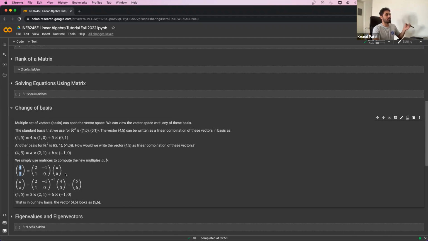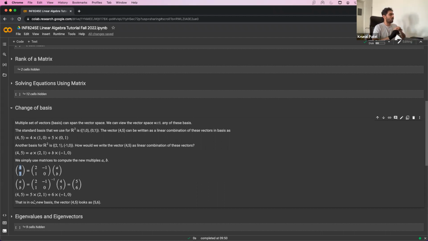We were trying to compute the vector in my new space which, after the transformation, will land on 4, 5 in the original space, right? That's what we have computed, which gives us the answer, which is 5 and 6, and you can even verify these answers, right?